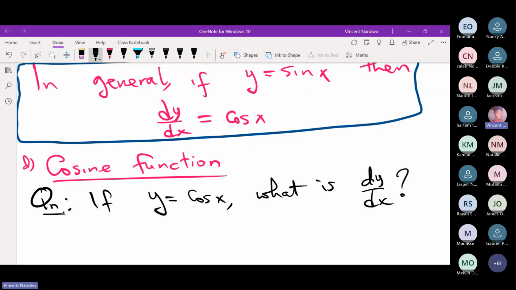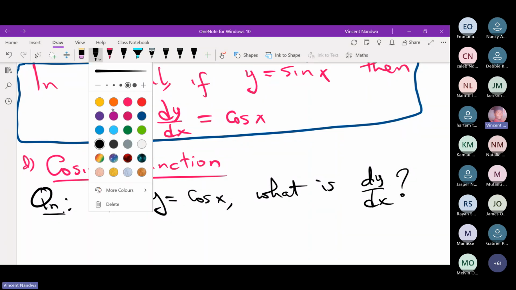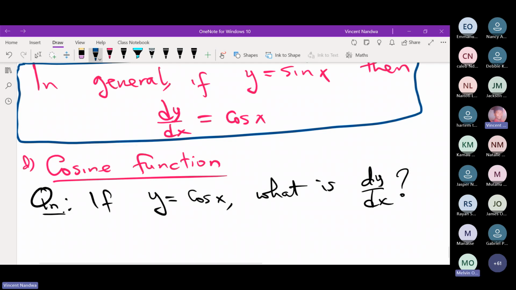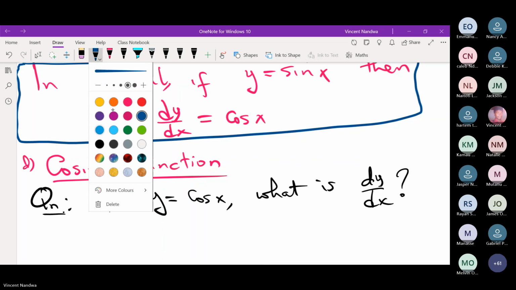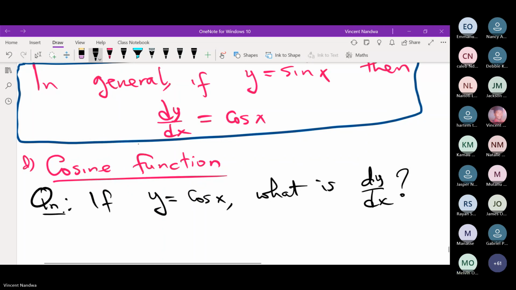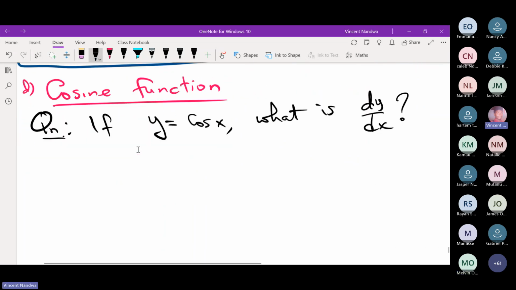So this is the question that we want to answer in this subsection. We have a cosine function, and then we need to say the derivative of this cos function. So we play the same game.